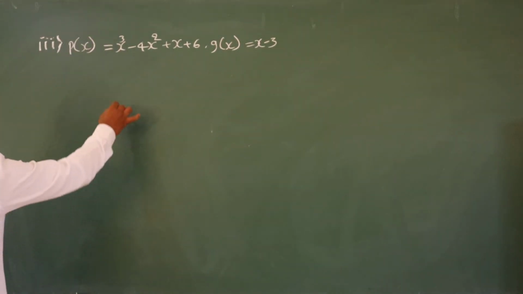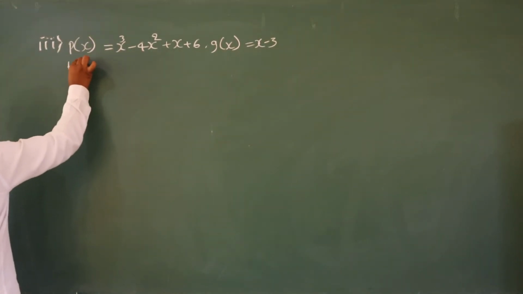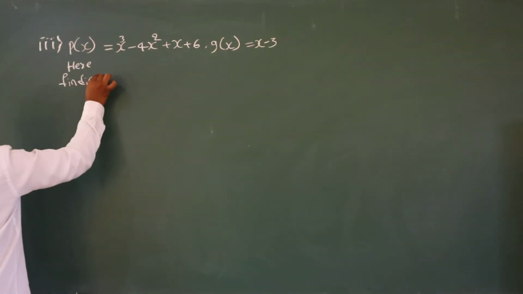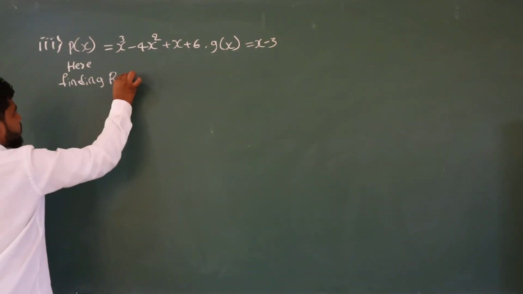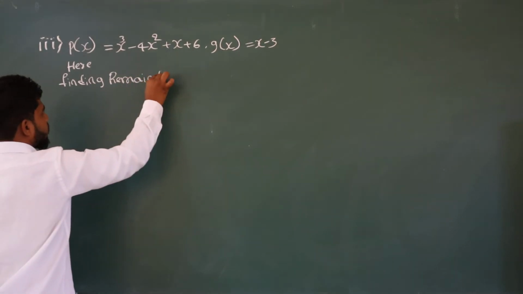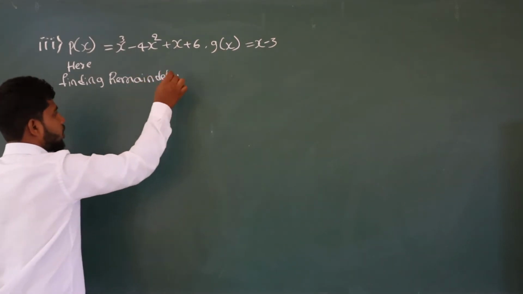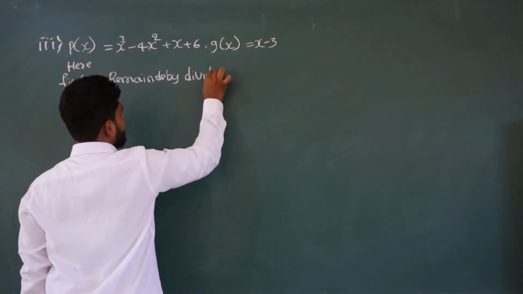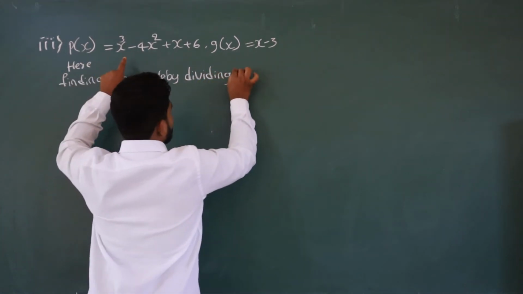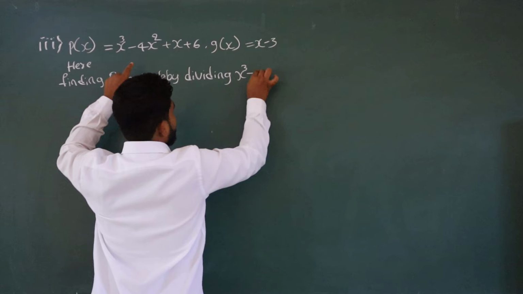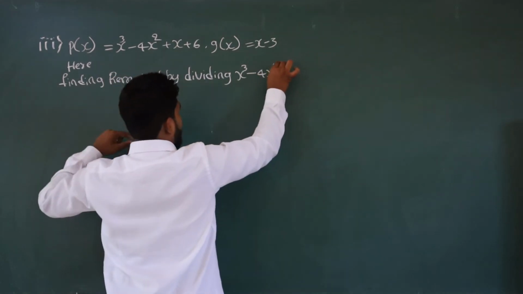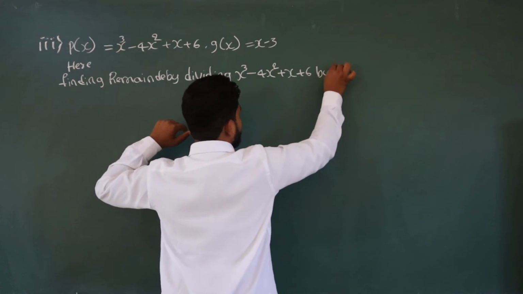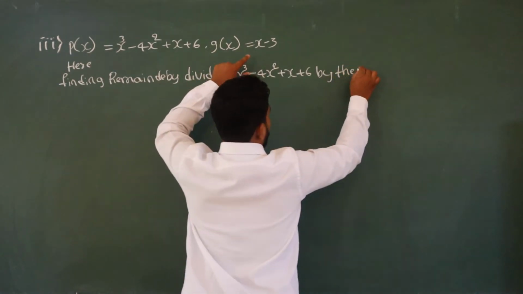Now, here we are finding the remainder by dividing x cube minus 4x square plus x plus 6 by x minus 3.